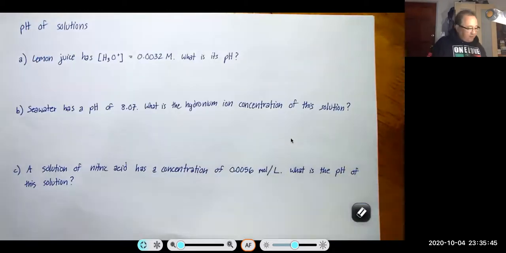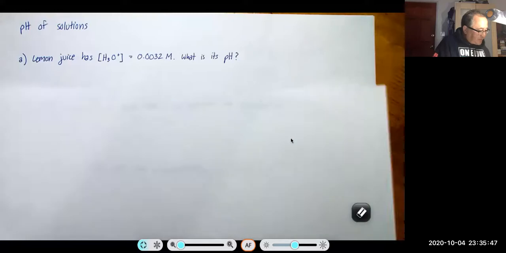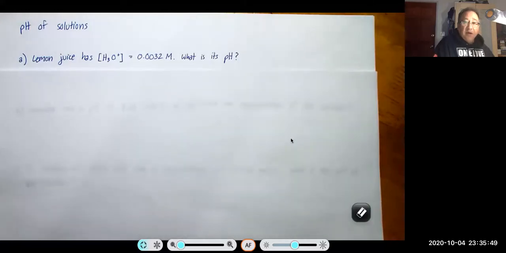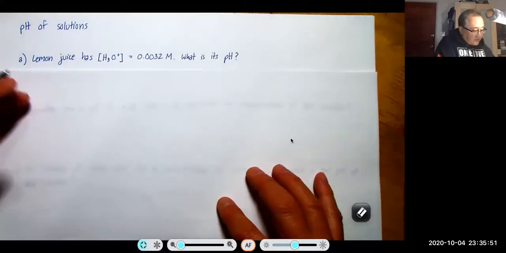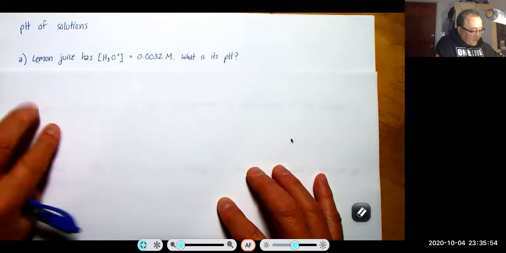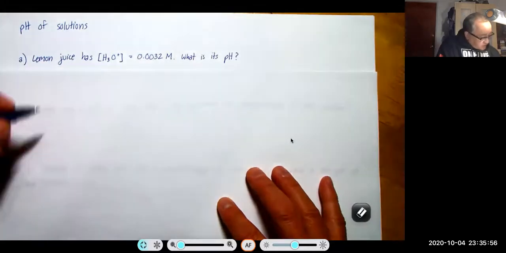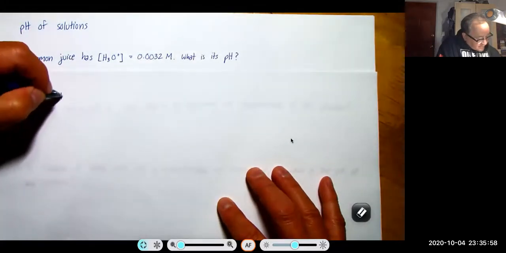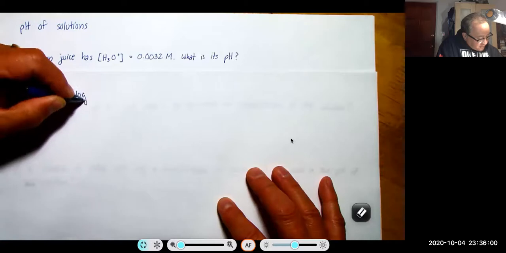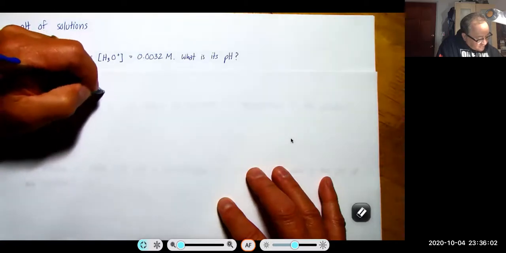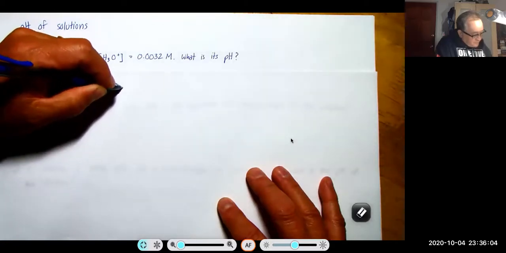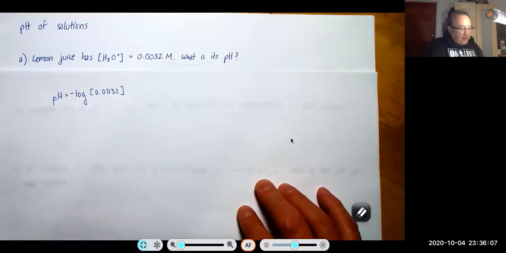Let's take a look at the pH of solutions. So lemon juice has a hydronium ion concentration of 0.0032 molarity. What is its pH? So pH is equal to negative log of the hydronium ion concentration. And what was that rule for rounding again?